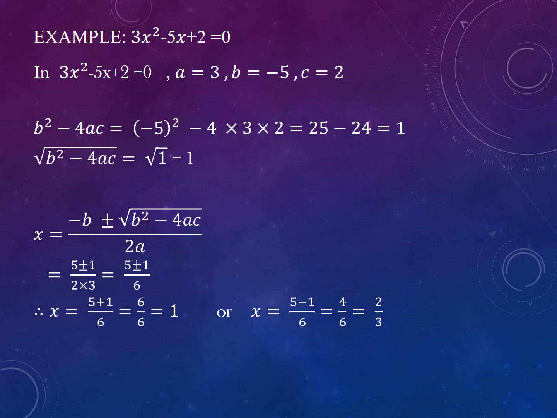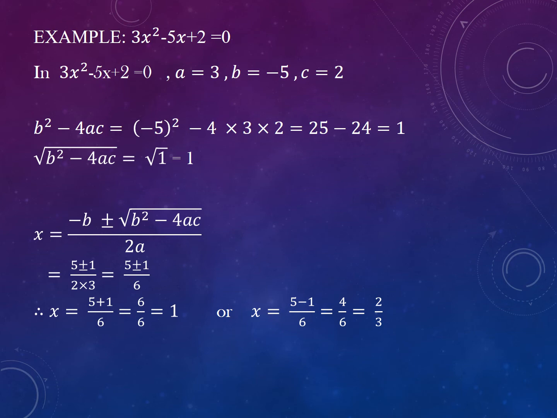Now let us give our quadratic formula. x = (-b ± √(b² - 4ac))/2a. b is equal to -5. Therefore, -b will be 5. Substituting the values, we have (5 ± 1)/(2 × 3), which is equal to (5 ± 1)/6.